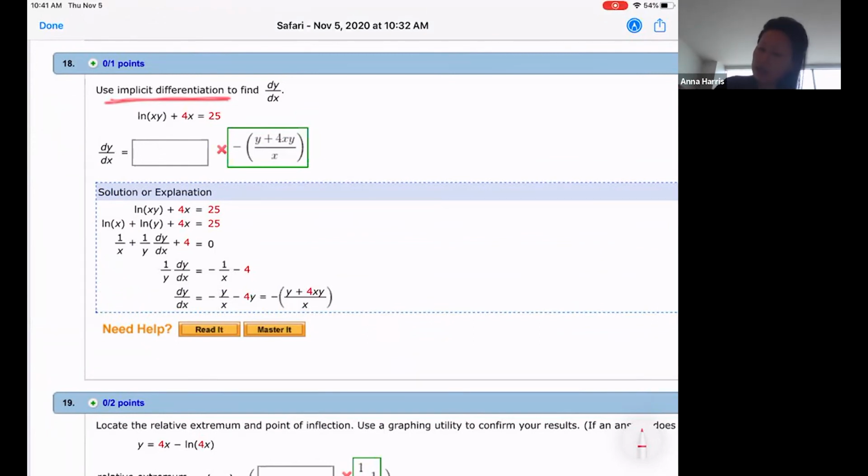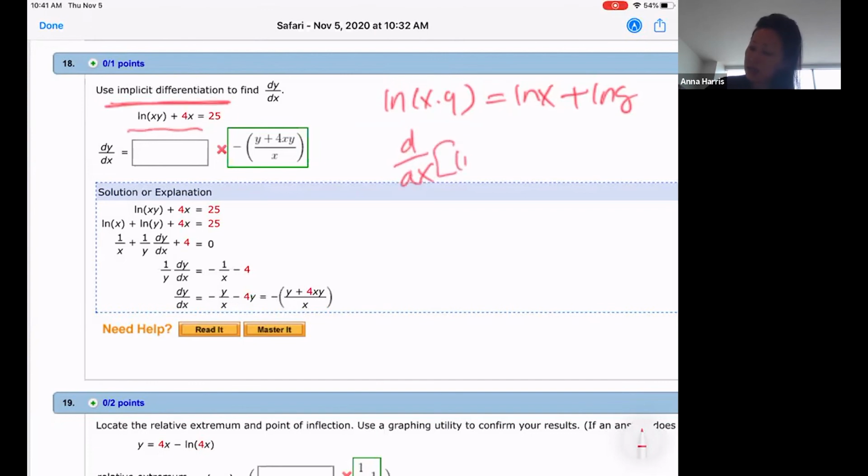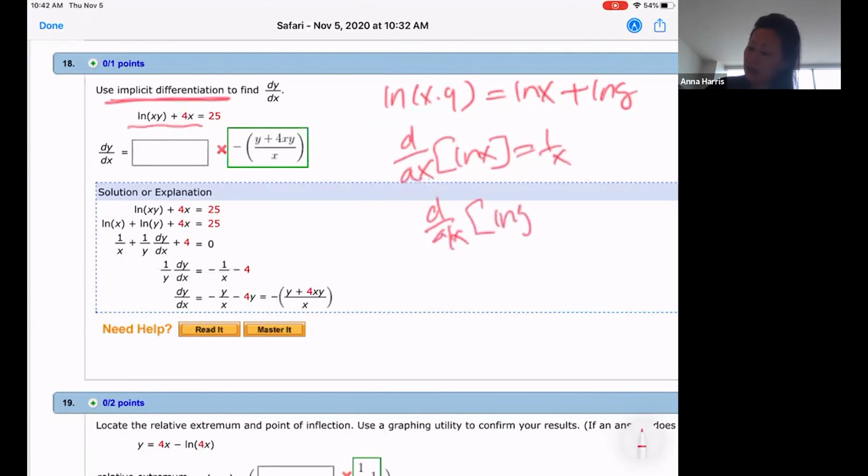So taking a derivative over this, natural log of x times y, I can make it natural log of x plus natural log of y. So the derivative of that will be what? That's what we have.